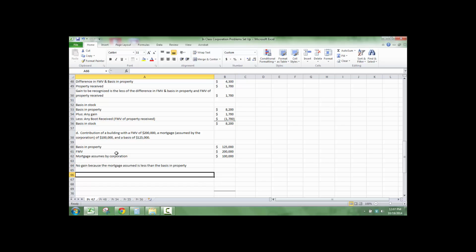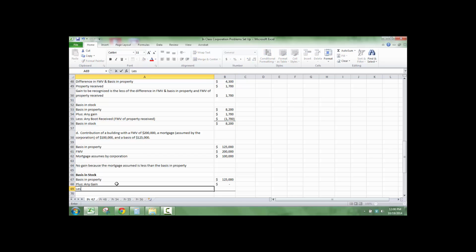So now we're going to just calculate the basis in the stock, which is basis in property, which is 125, plus any gain, and there was no gain, less any boot received, which is mortgage assumed by corporation.